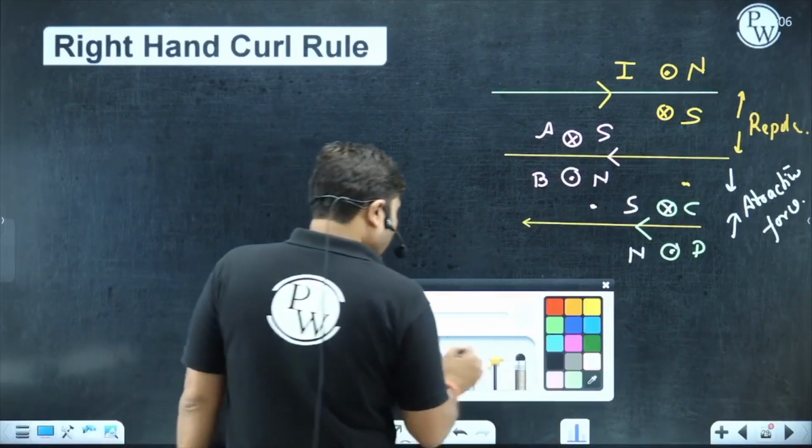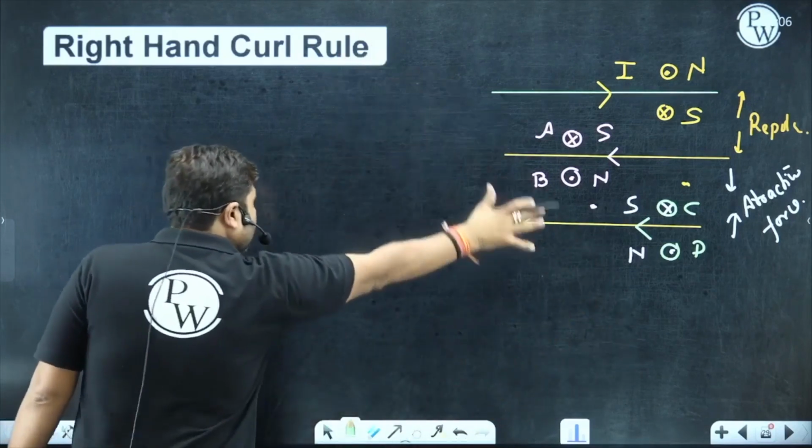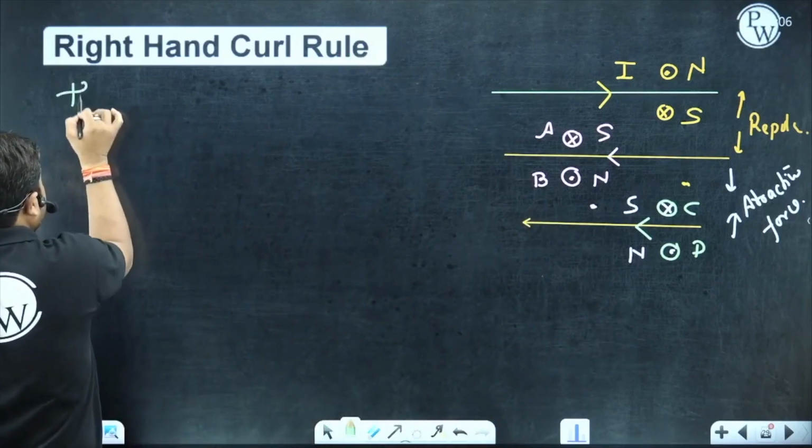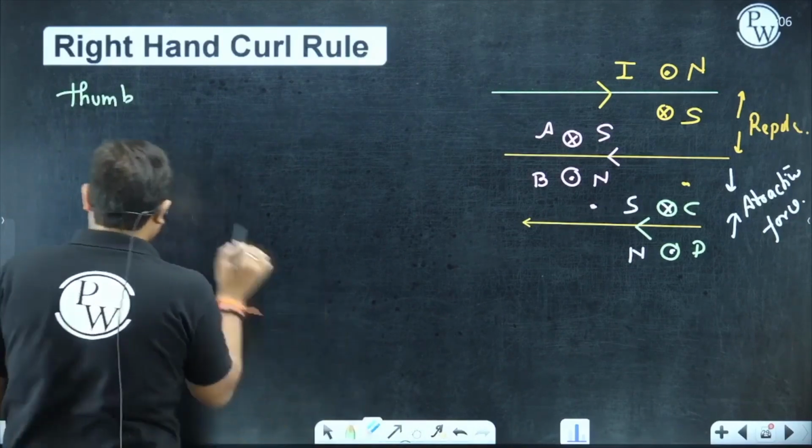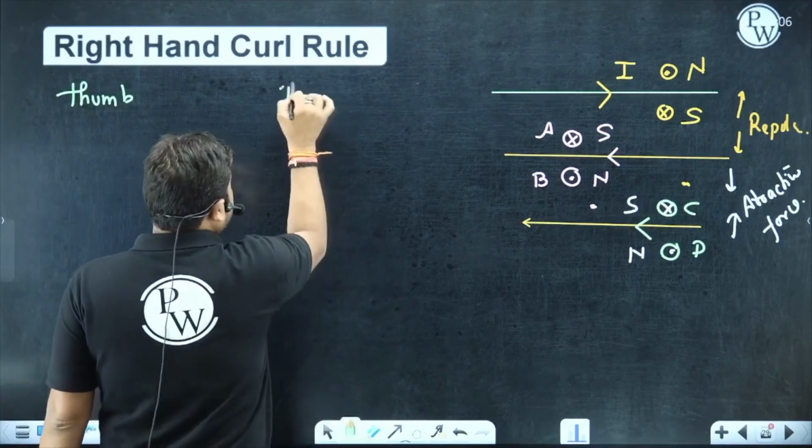Great, sir. So based on this important thing, I am just going to write a right hand thumb and right hand curl.